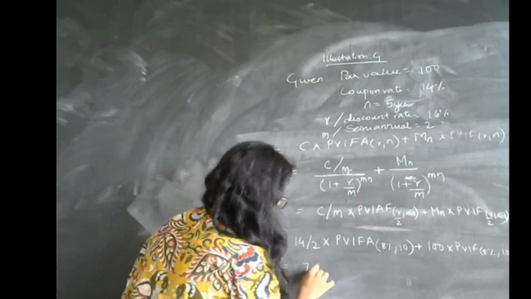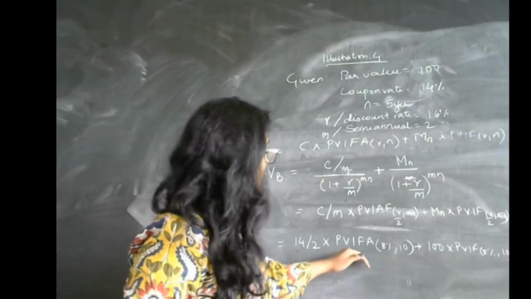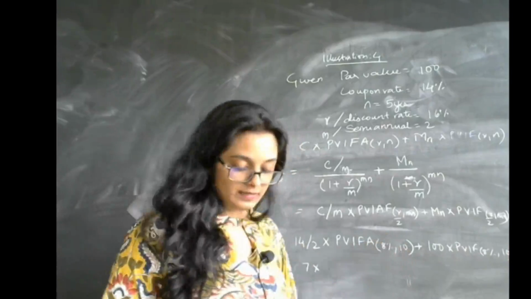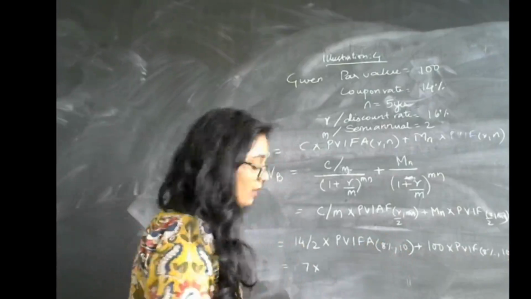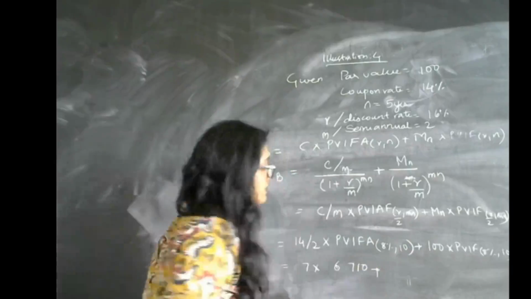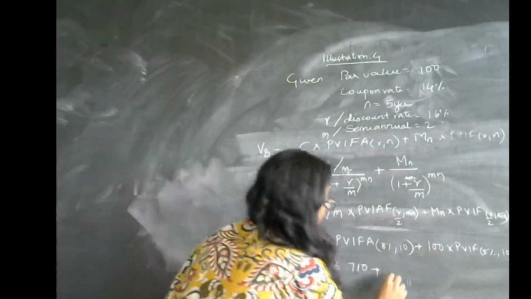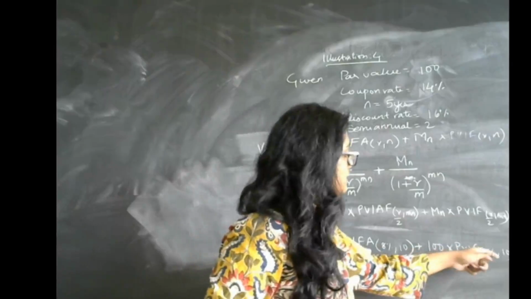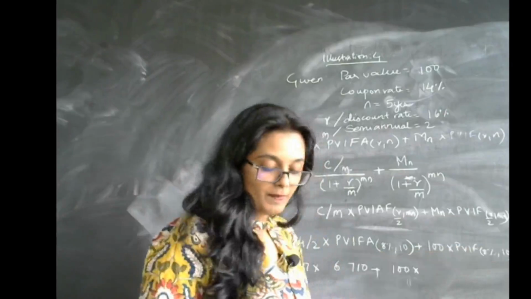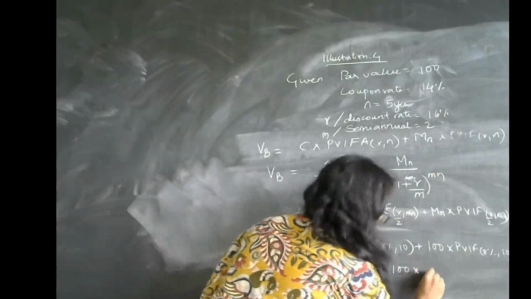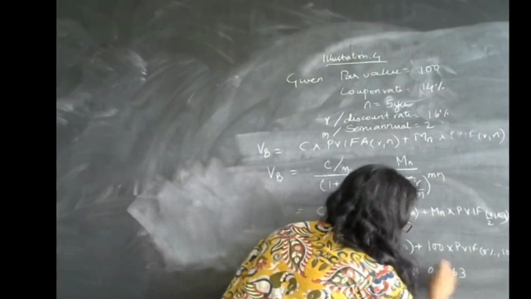Now this is going to be 7 multiplied by present value interest factor annuity for 10 years at 8%, which is coming to around 6.710, plus maturity value 100 multiplied by present value interest factor for 10 years at the rate of 8%. It is coming to 0.463.